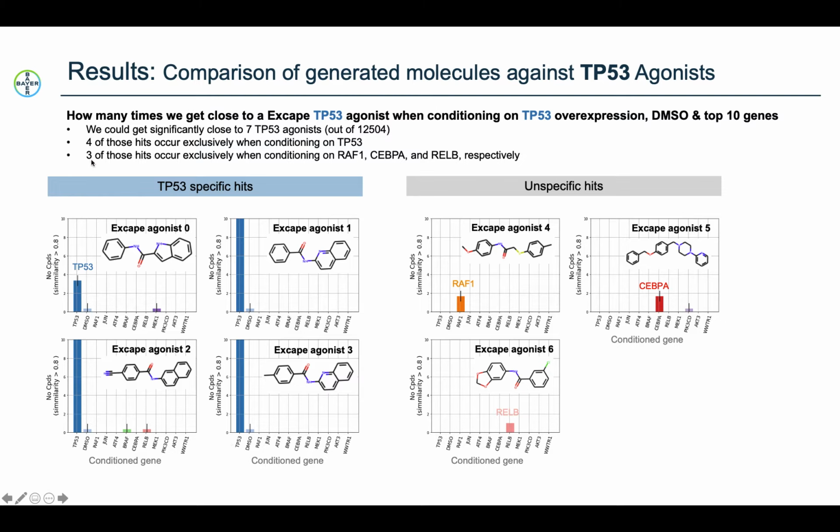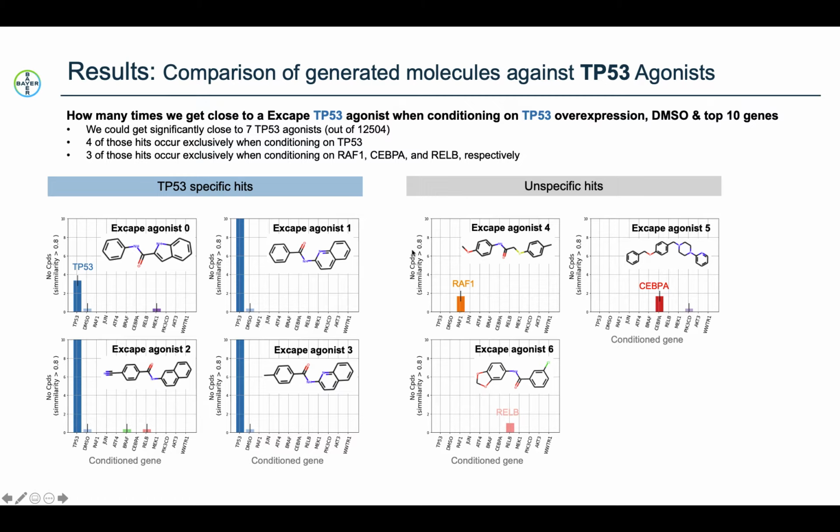However, we also got 3 of those hits occurring on genes other than TP53. I call them unspecific hits, here on the right, because that means that we get very close to a TP53 agonist when conditioning on a different gene than TP53.